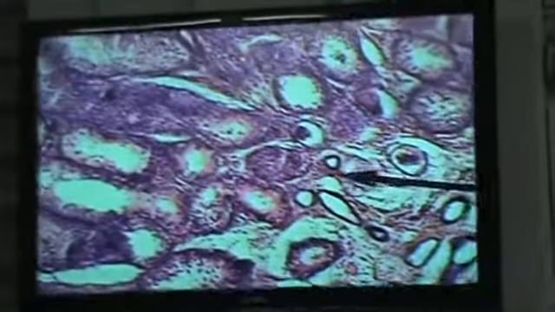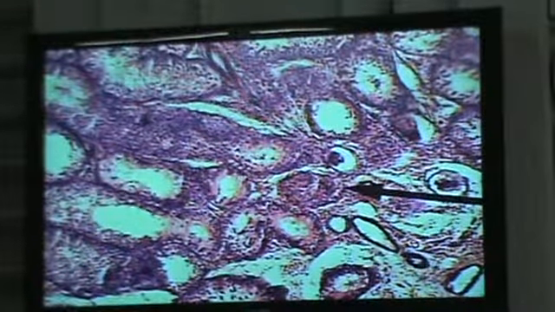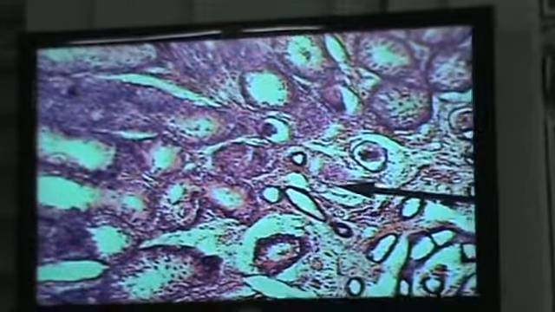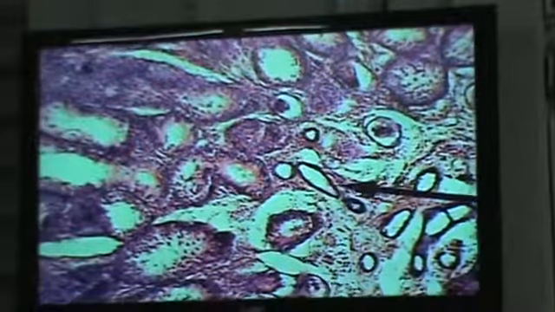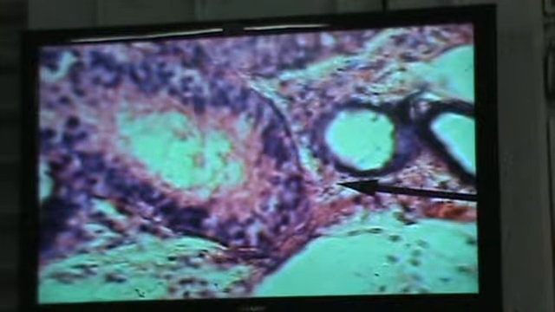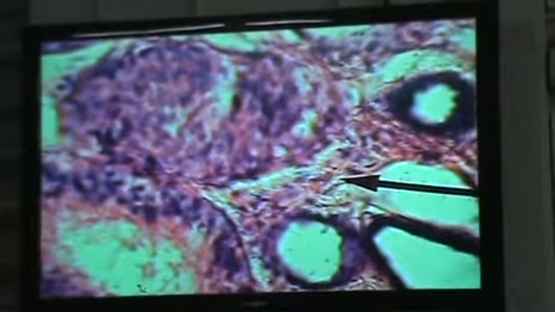The seminiferous tubules, at the apex of the lobules leading right into the mediastinum testis, we find small ducts. These little straight ducts are lined by cuboidal type epithelium.